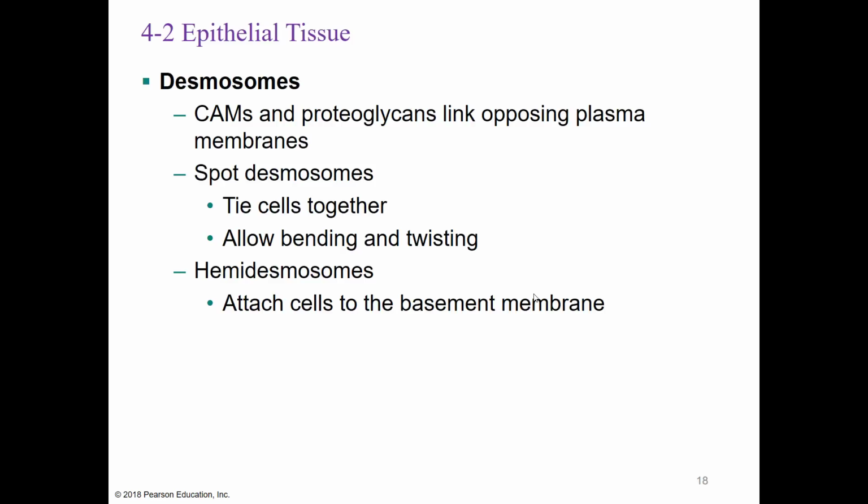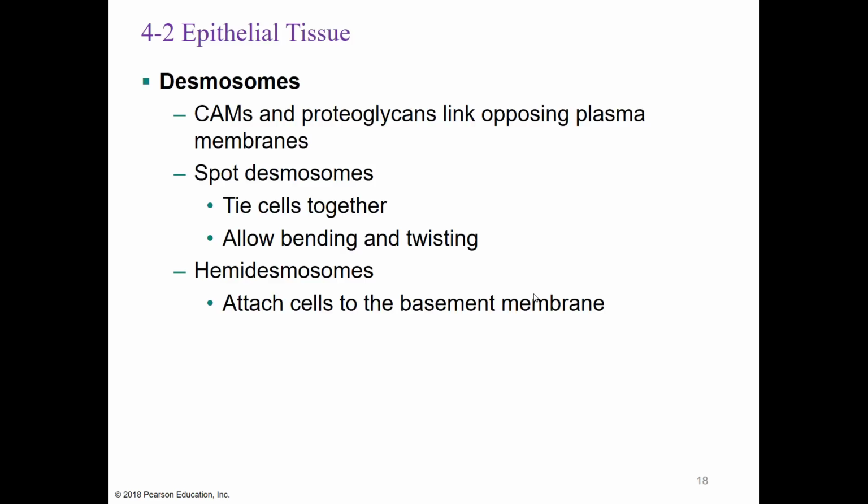And this is why when you get a sunburn and you get blistered, your skin peels off in flakes or sheets, because those individual cells are all connected by these desmosomes, so they come off as a group instead of individuals. These desmosomes are so nice and tight that it also allows for tissues to bend and twist without tearing.